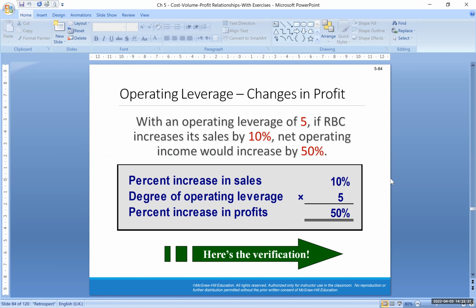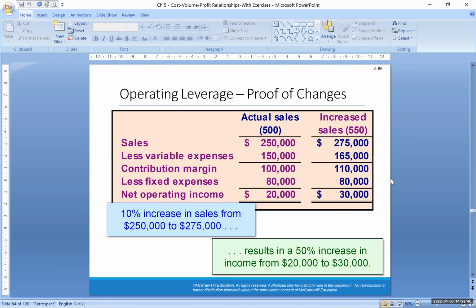Let's prepare the two income statements for this change, the proof of the changes. Suppose that we have already the 500 bikes statement, so we have a net income of 20,000. Now, I need to prepare another income statement if we increase the sales by 10%.